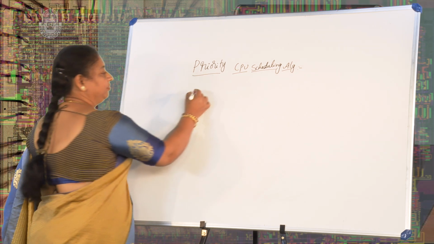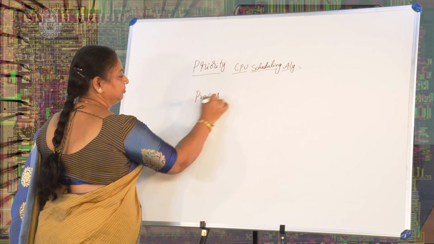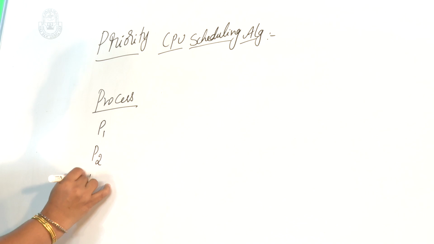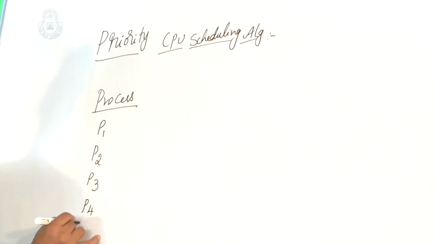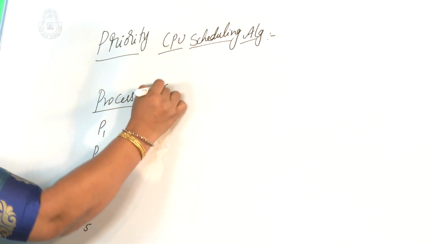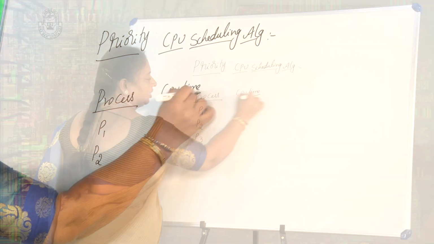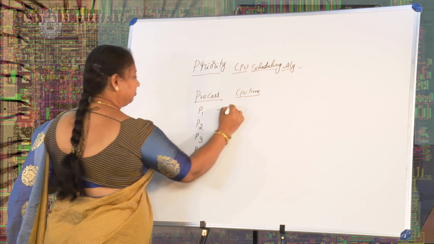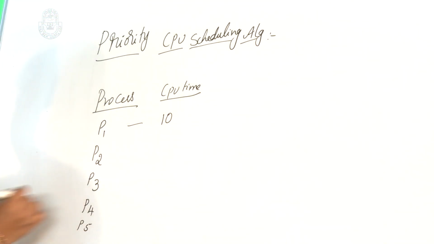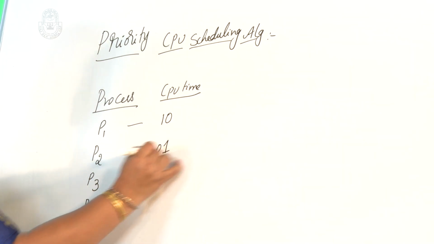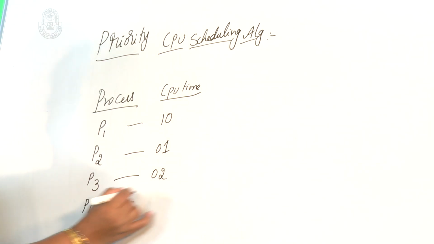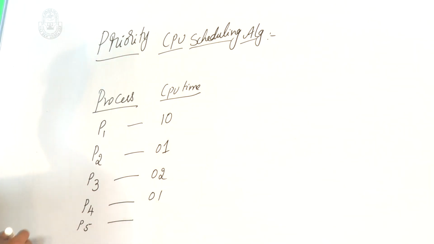Assume that we have the processes P1 to P5. Say the CPU time required by each process is: P1 requiring 10, P2 requiring 1, P3 2 units, P4 1 unit, P5 5 units.